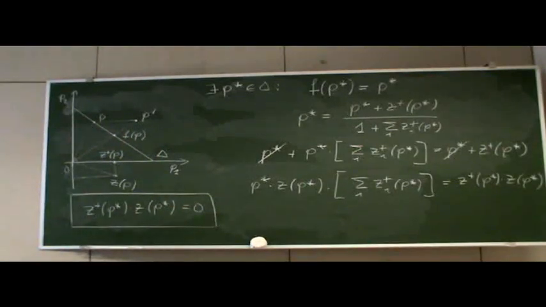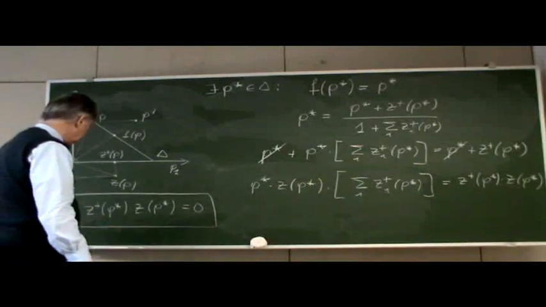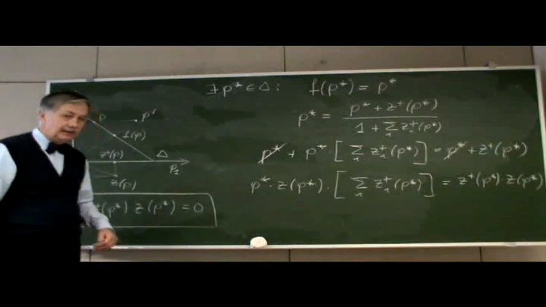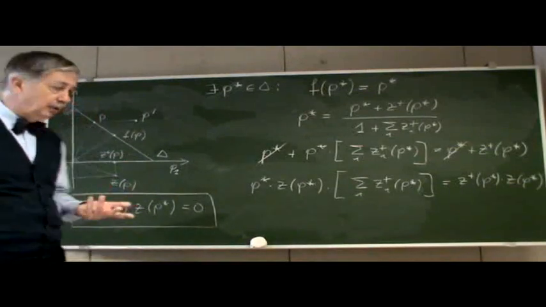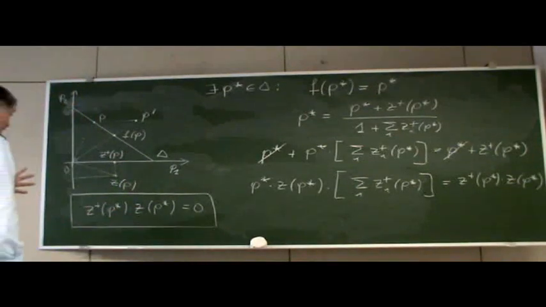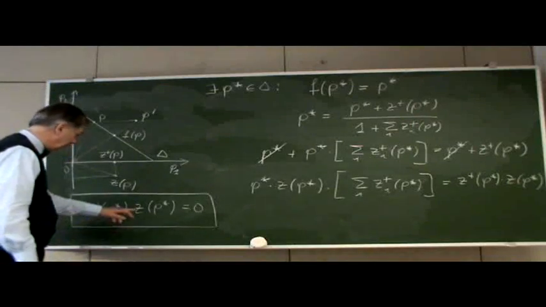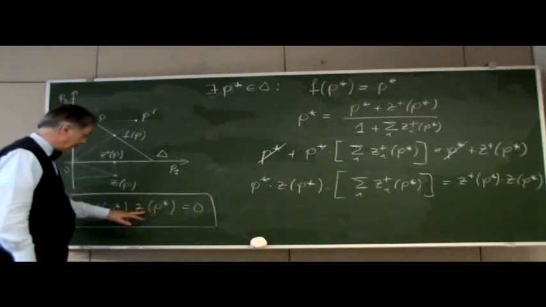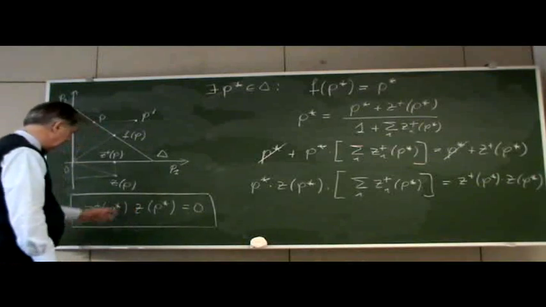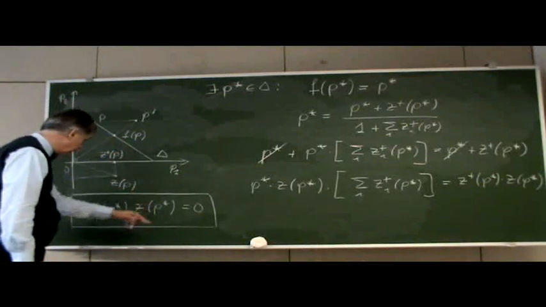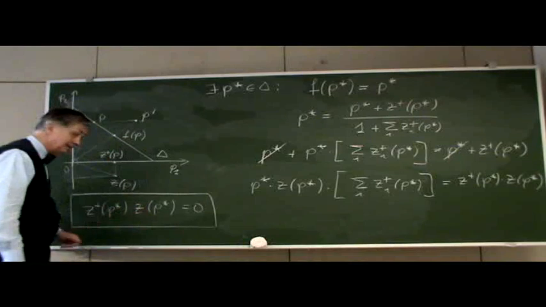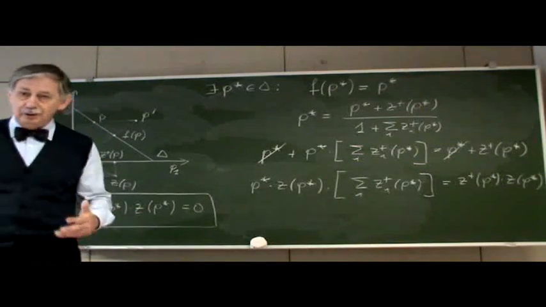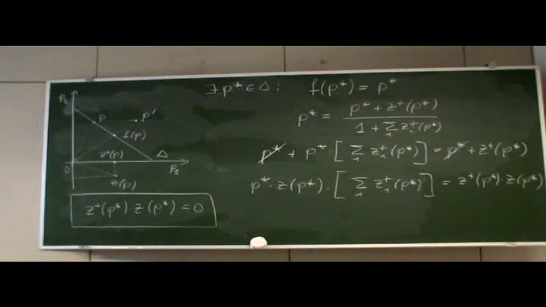Question: can Z of P star have some positive component? No. Why? Because if Z has a positive component, also Z plus has a positive component, which is exactly equal.